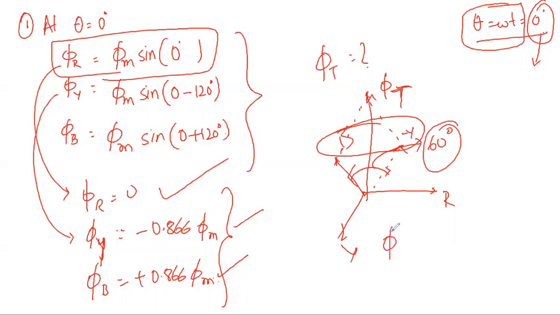So phi t can be analyzed, so I need to find out phi t. Minus 0.866, where 0.866 is given as root 3 by 2 with a negative sign. Next, I can find out the square value of it.